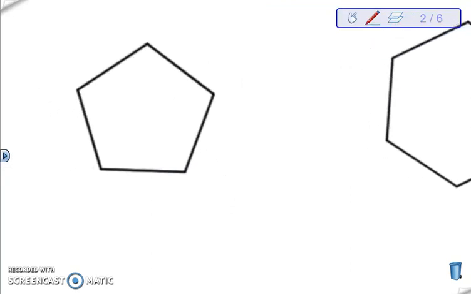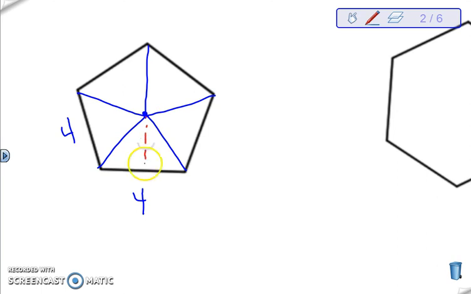Alright, so let's do the pentagon, and then hopefully we'll start to see what the pattern is. So we want to do the same thing. We need to split it into triangles. Our triangle needs a base and a height. So again, the base is 4. Here's our height.